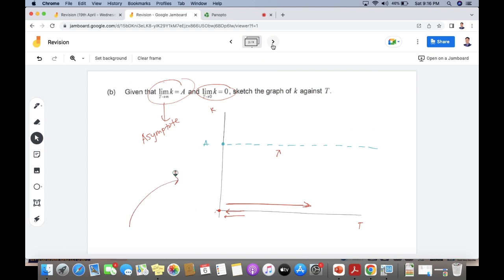So we can somehow estimate that the graph would be starting from 0, and then as we approach positive infinity, it actually goes up, and it looks like this one. But it will approach A but never touch A. So this is now the rough sketch of the given conditions.